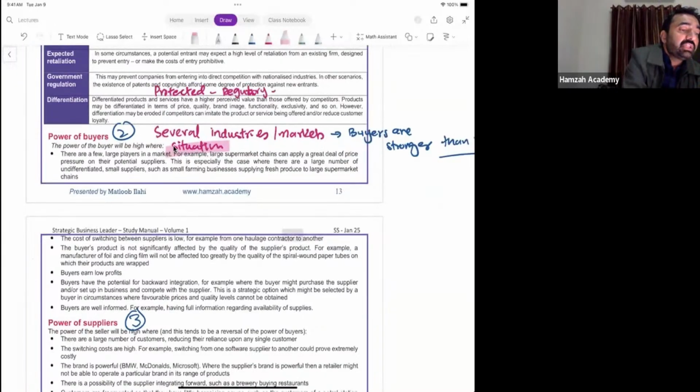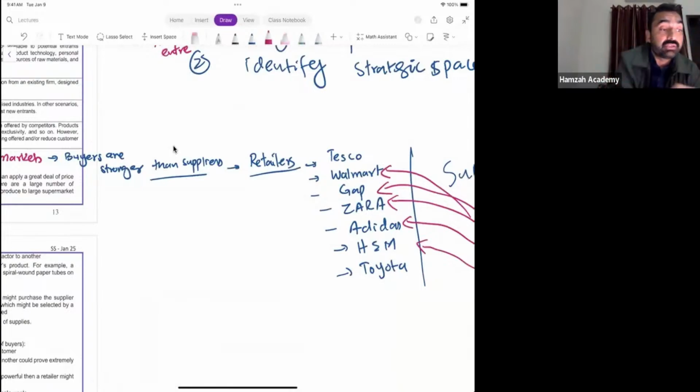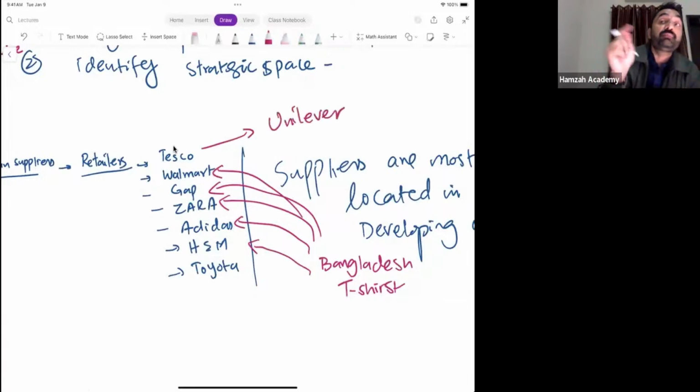One more interesting thing: these superstores might also be purchasing from big brands. Say Tesco is purchasing from Unilever, and Unilever is bigger than Tesco. Many famous Unilever brands are bought by Tesco. So although Tesco can use its size against smaller brands, it cannot use its size against bigger brands.